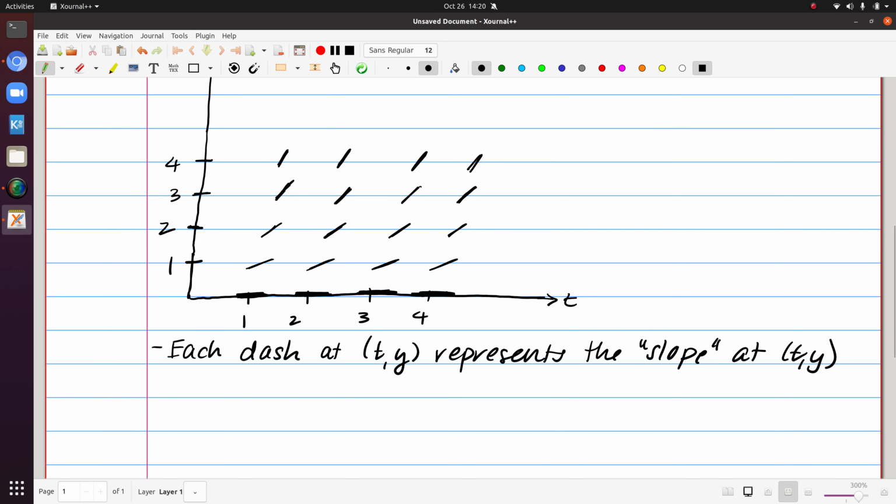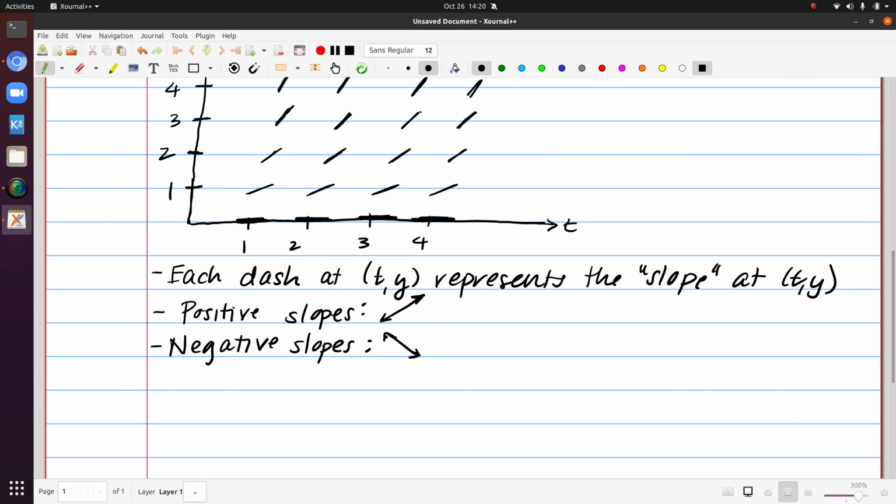One connection we see here is that for positive slopes, we should expect to see something that moves upward from left to right. If we're in a place where we have negative slopes, then we should expect to see dashes that move downward from left to right.